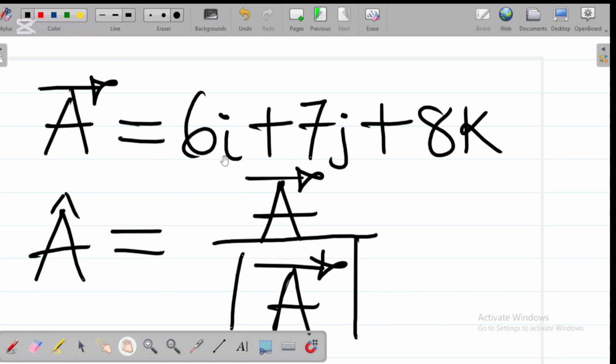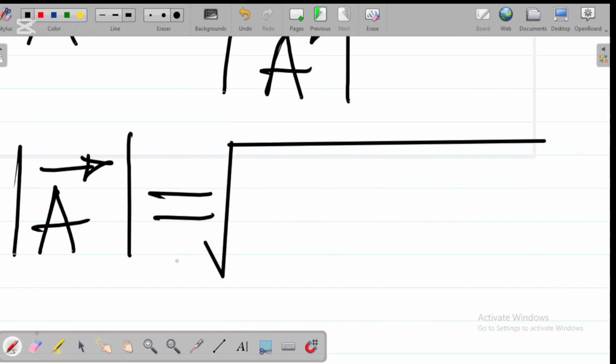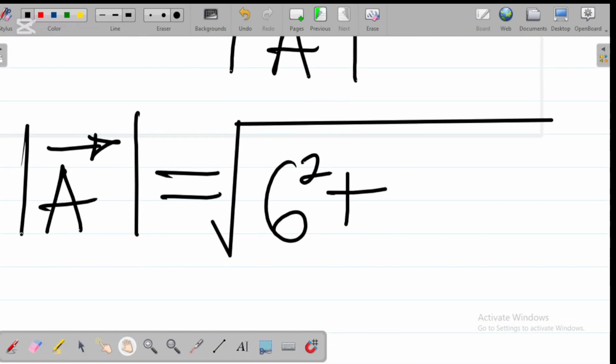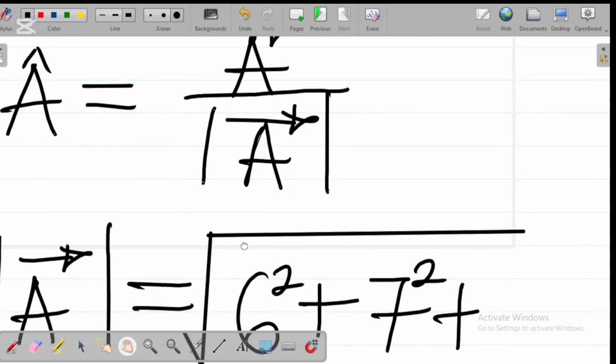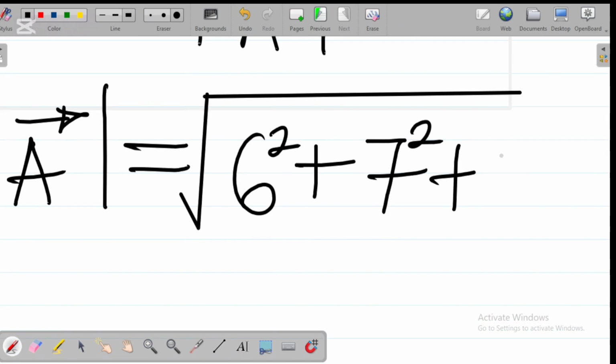The coefficient of i is 6. So we square 6. So we have 6 raised to the power 2 plus, what's the coefficient of j? It is 7. So we have here 7 raised to the power 2. What's the coefficient of k? It is 8. So we have here 8 raised to the power 2.